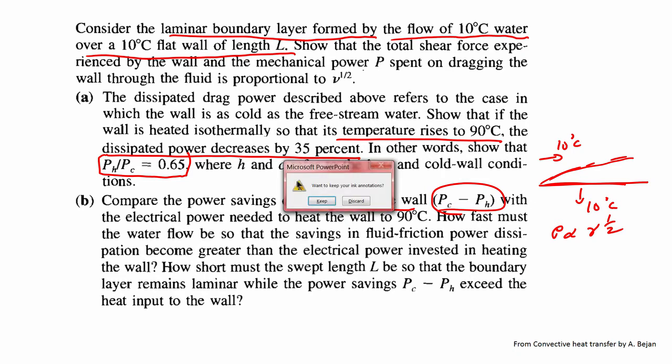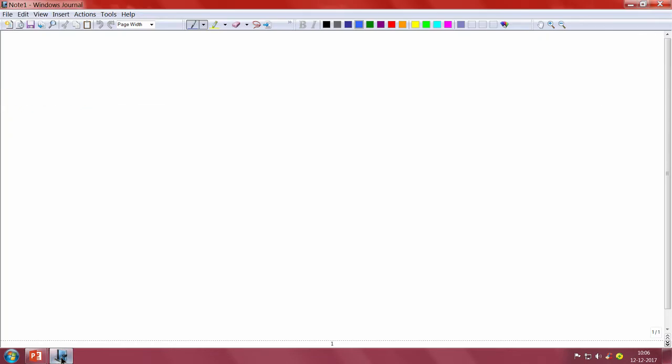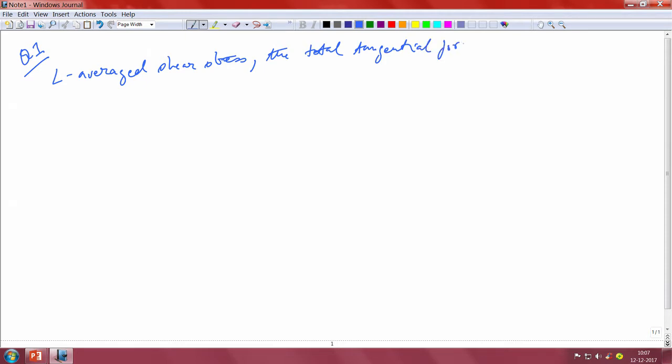So, let us look at how to solve this. Question 1. Let us do the first part of the question: the L-averaged shear stress, that is the total tangential force experienced by the wall.